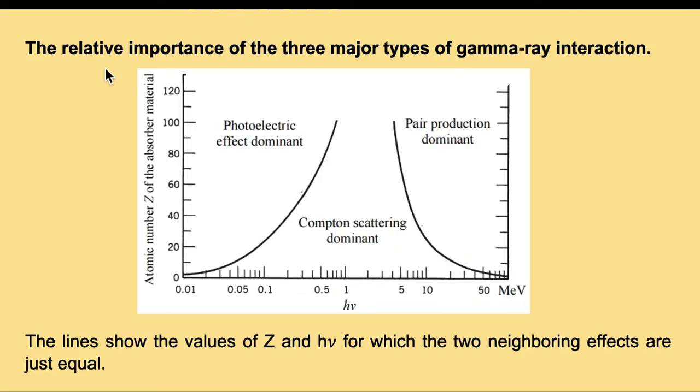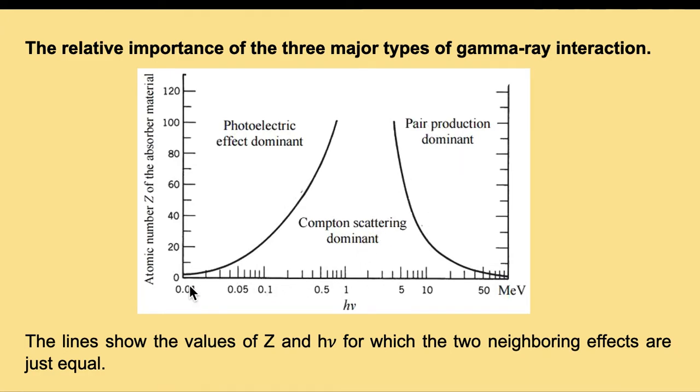And this is the relative importance of the three major types of gamma ray interactions. The lines show the values of Z and h nu for which the two neighboring effects are just equal. So here along this line your photoelectric effect and Compton scattering have equal probability, and along this line Compton scattering as well as pair production is dominant.